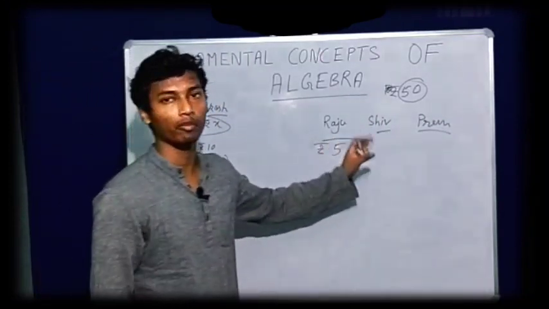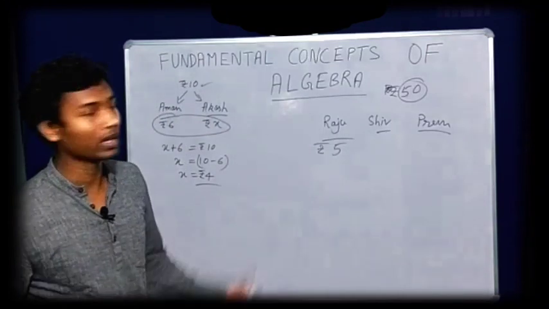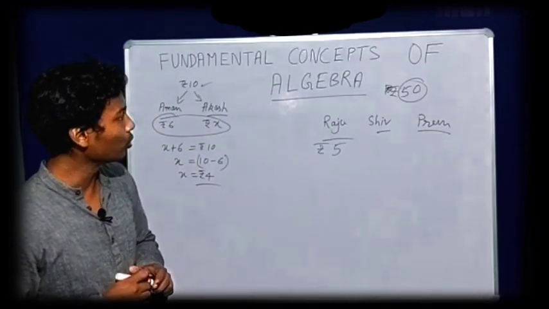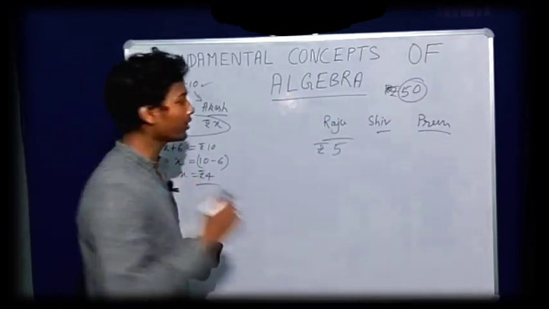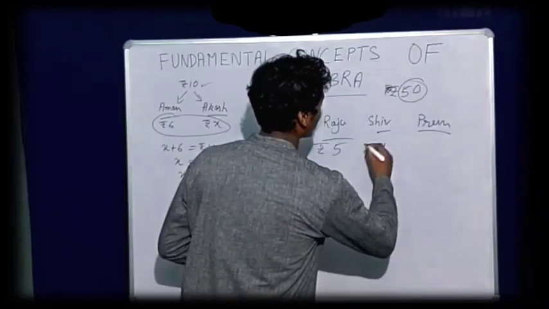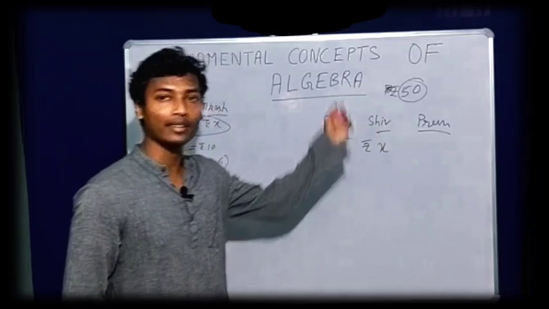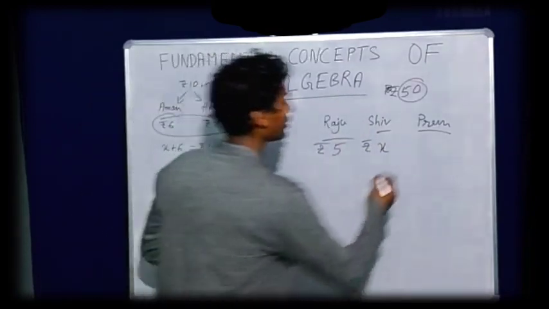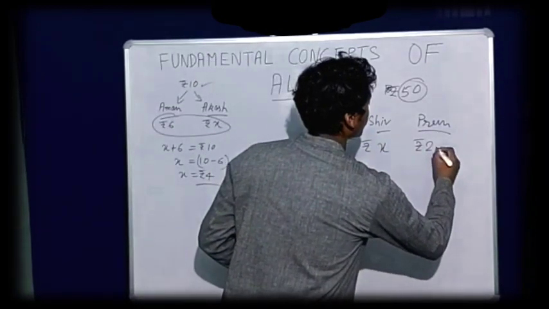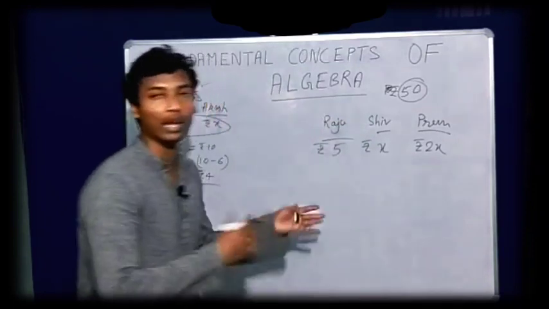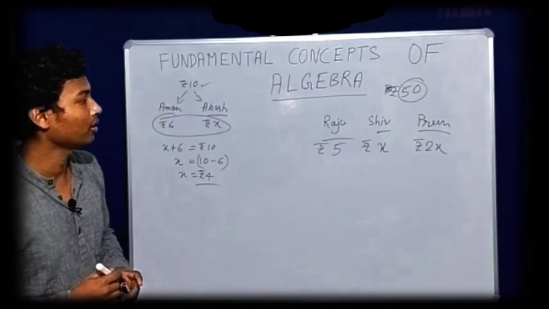Now with the help of algebra, we can say let the amount received by Shiv be X rupees, and we know that Prem received twice the amount of Shiv, that is rupees 2x, 2 into x, right?